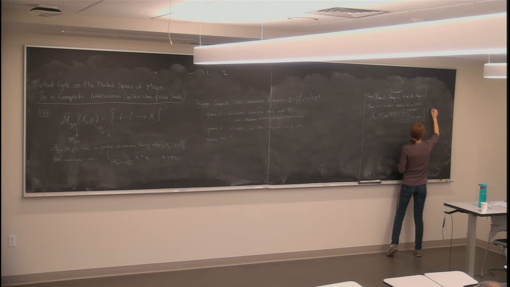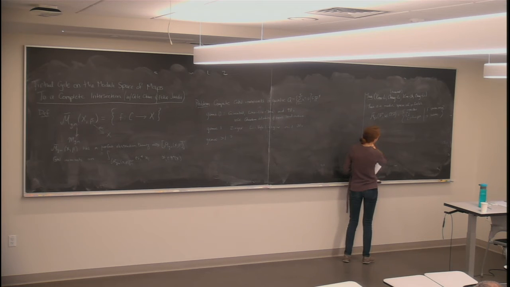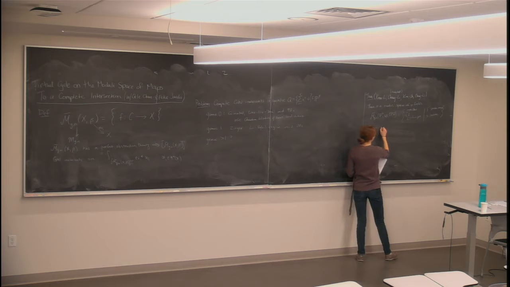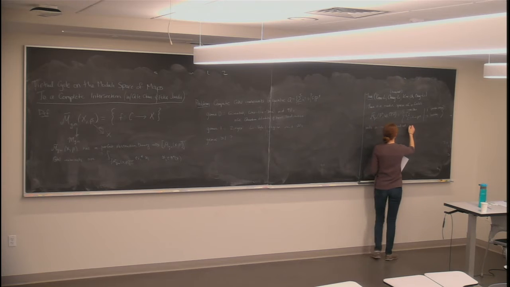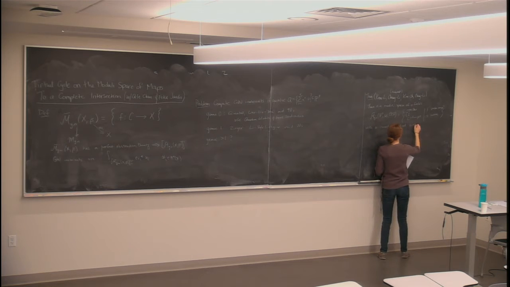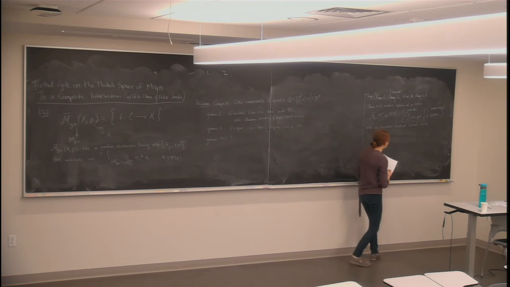So f should be a stable map, and then I have some section. This is the moduli space, and the theorem is that this has a cosection localized virtual class. I'm going to talk more about what that is.